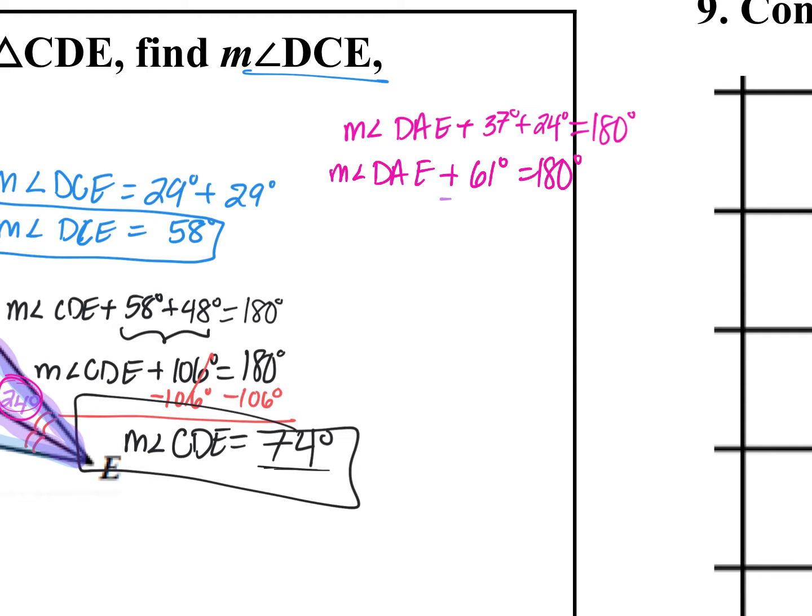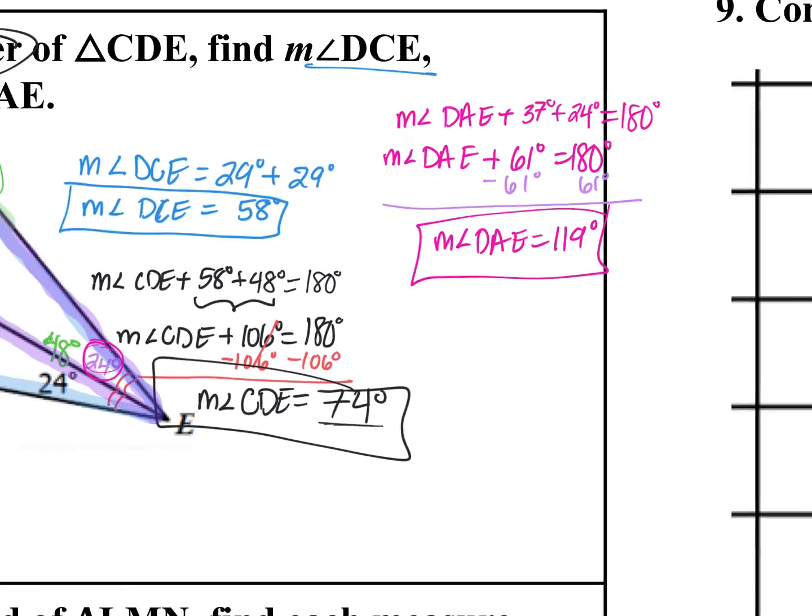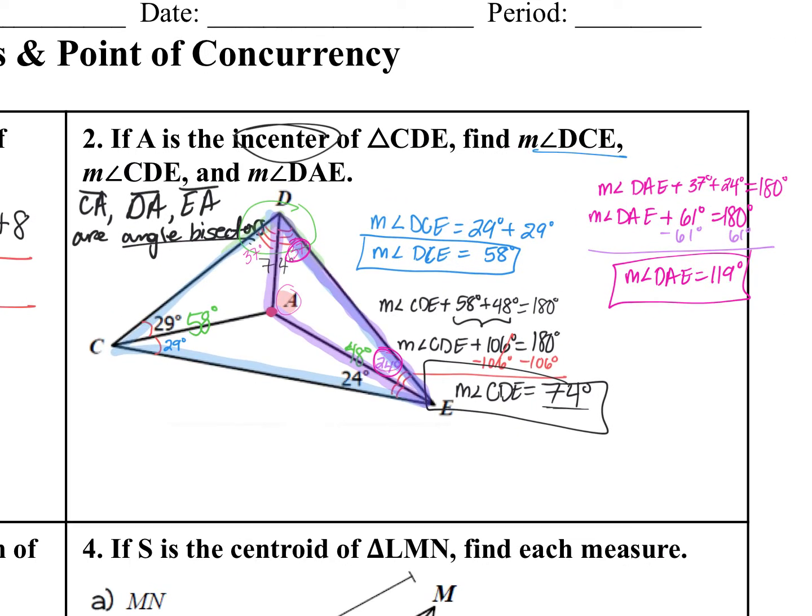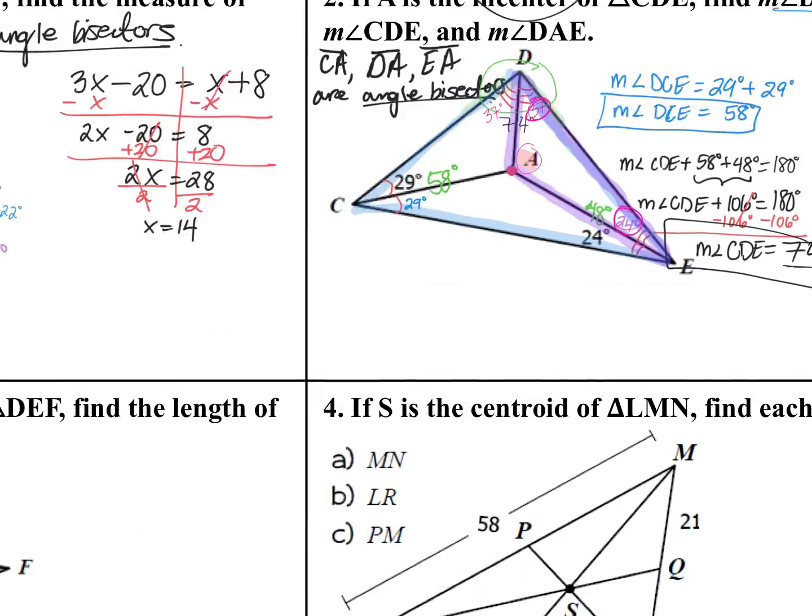And then when I subtract both sides by 61 in order to solve for the angle, I get that measure angle DAE equals 119. Okay, this is how we do problem number 2.